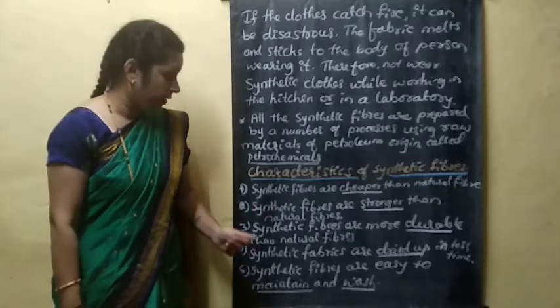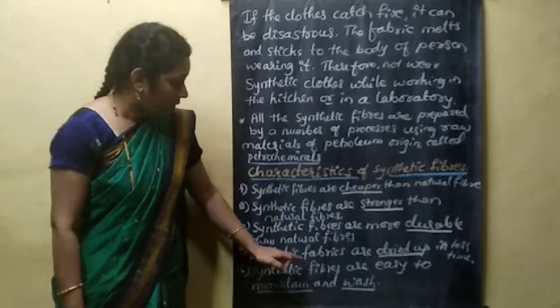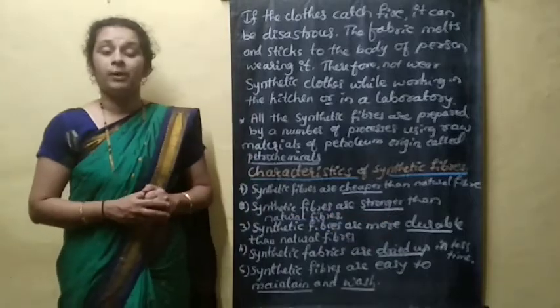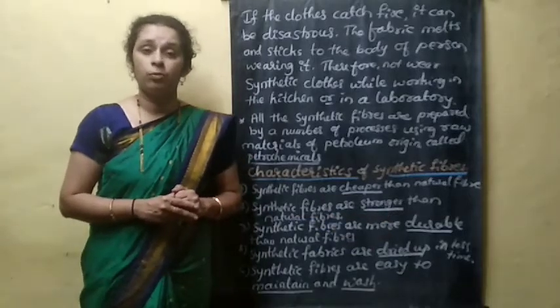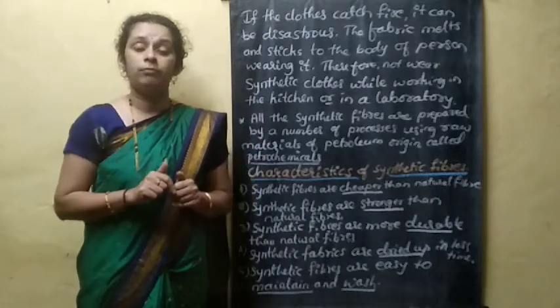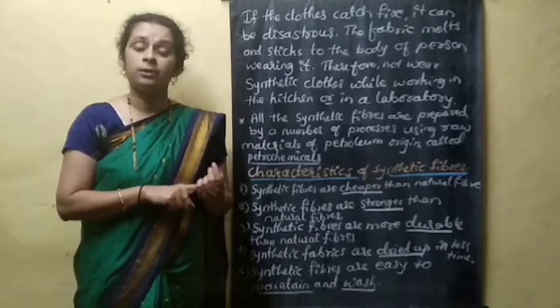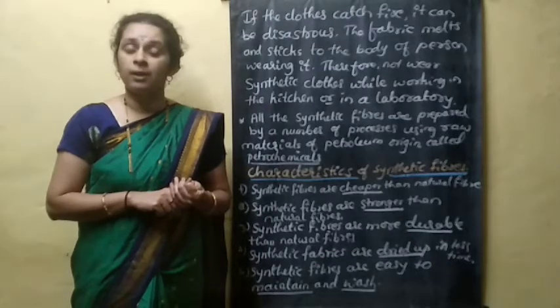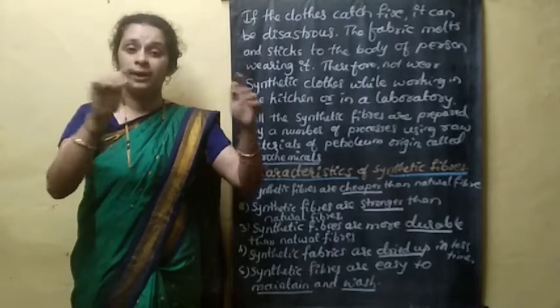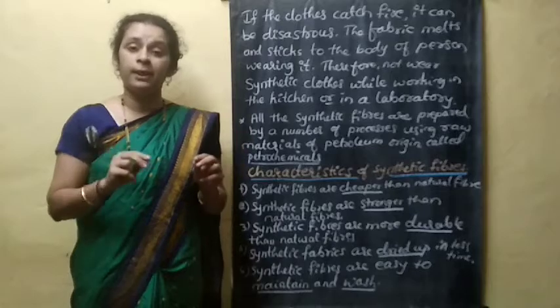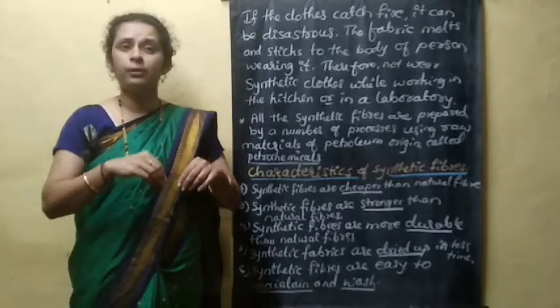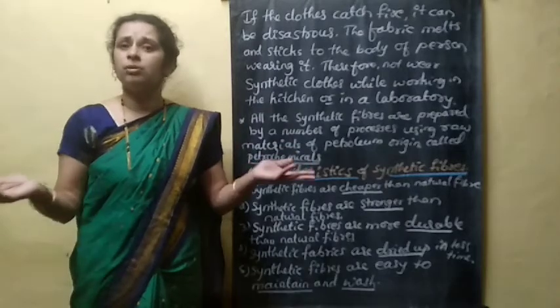Another very important thing is that synthetic fabrics dry in less time. One activity is given in your textbook. You have to take two pieces of cloth, one made from natural fiber and one from synthetic fiber. Dip them in a bucket, and after 2 to 3 minutes, make them dry.